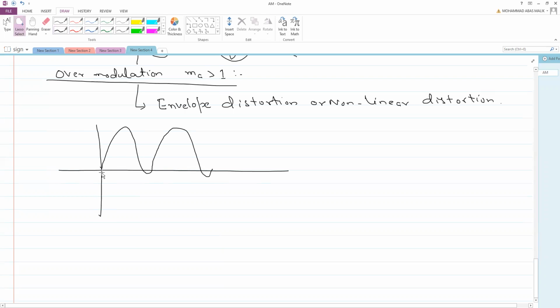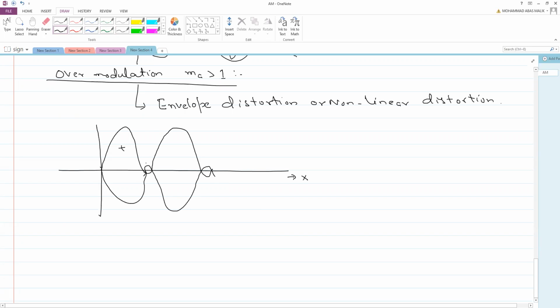Similarly, in the negative half cycle, it will be like this. That means they are crossing each other. The whole envelope is not above the zero, above the x-axis; it's between these two. That means it's in the positive half as well as the negative half.